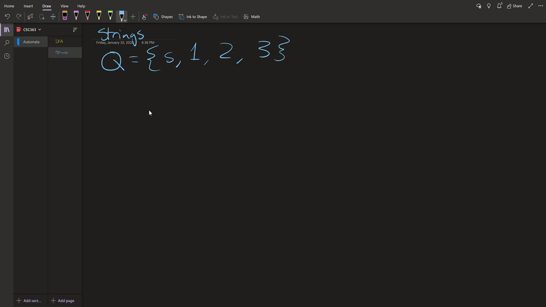Let's just say we have these 4 states, and our input alphabet we can say is 0 and 1. These are the symbols in our input alphabet. And delta, well, we'll see it when we draw a picture. I'm not going to write delta based on its type signature here. And for the set of accepting states, the starting state we already know is this one, so I'm not going to write that.